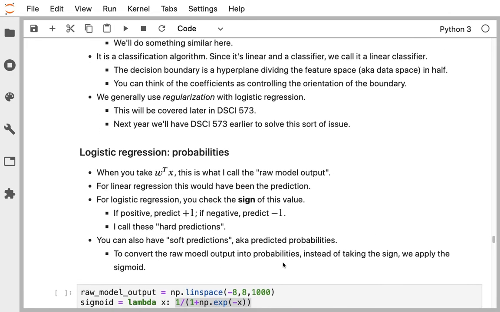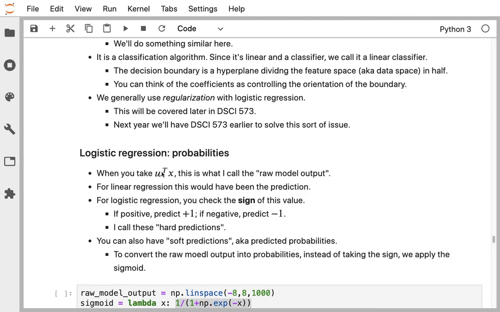Okay, next thing, probabilities. When you take w transpose x, you get what would have been the prediction for linear regression, but for logistic regression it's not quite the prediction yet, and I'm going to call that the raw model output. The way you get a prediction with logistic regression is you compute this raw model output and then check the sign.